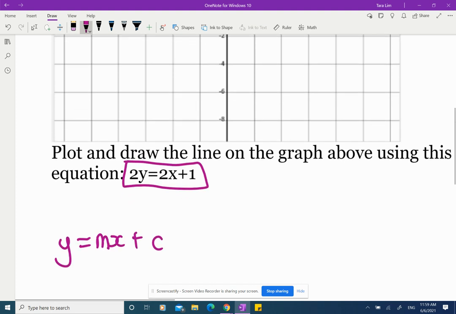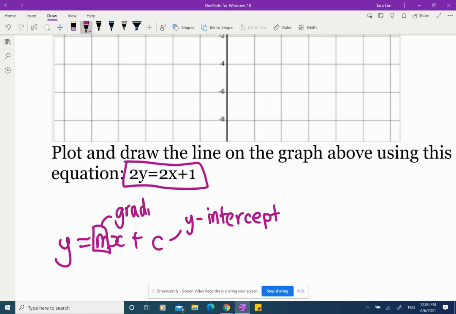First of all, we know that the c is called the y-intercept, and the m is the gradient, or some people call it the slope. So here, y equals mx plus c is very similar to this equation, because there's a y and an x, there's the y-intercept, and there's the gradient.